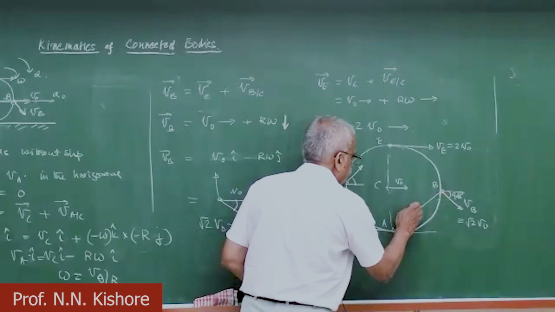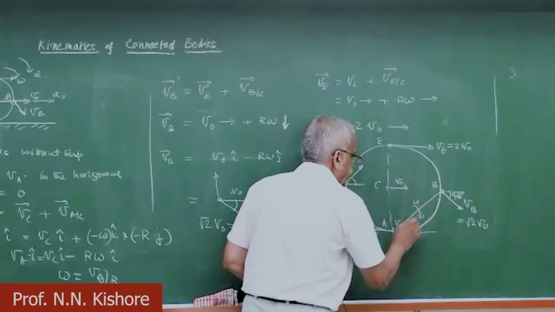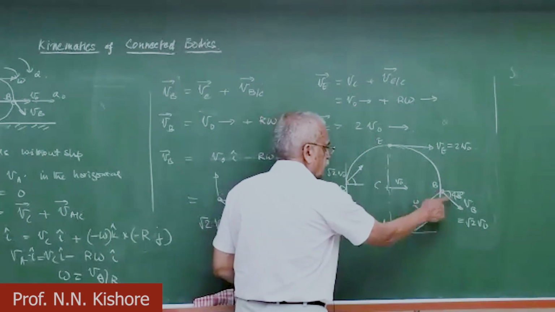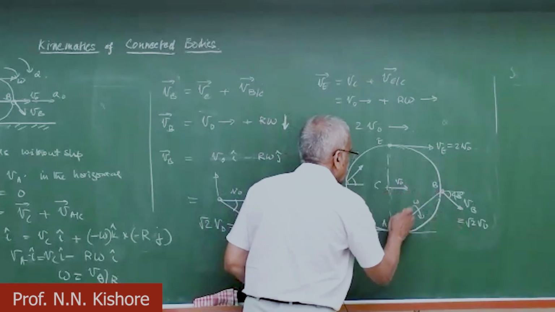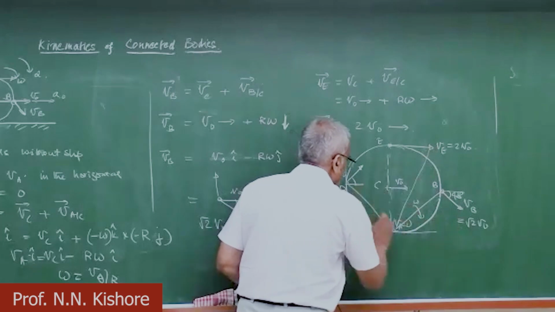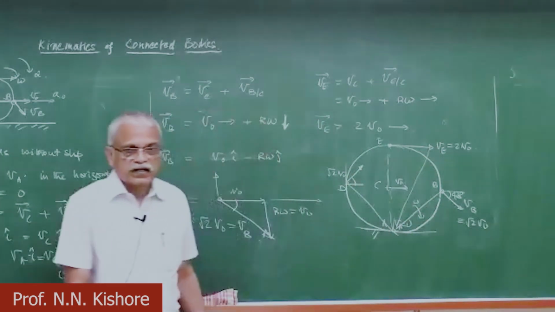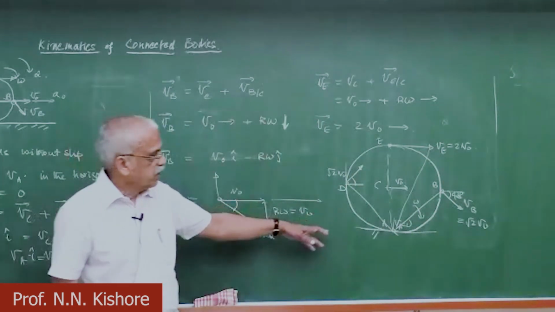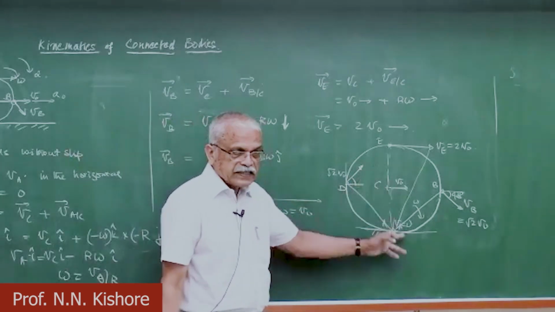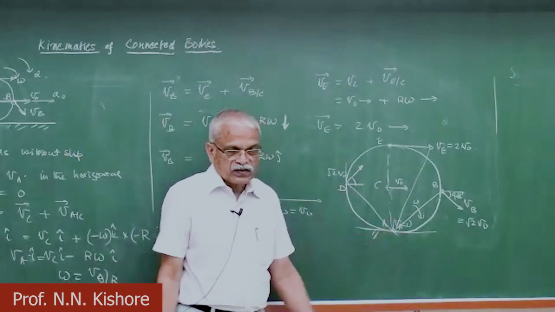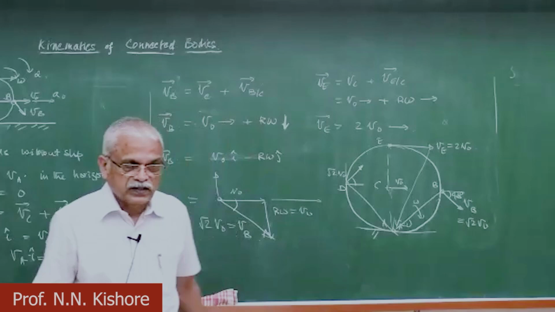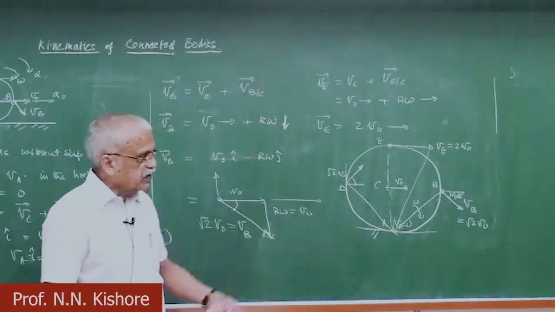If it is rotating with an angular velocity omega, it will be going like this, and like this. So we will talk about the instantaneous center a little later, but you can find out the direction and magnitudes using this as a center of rotation.